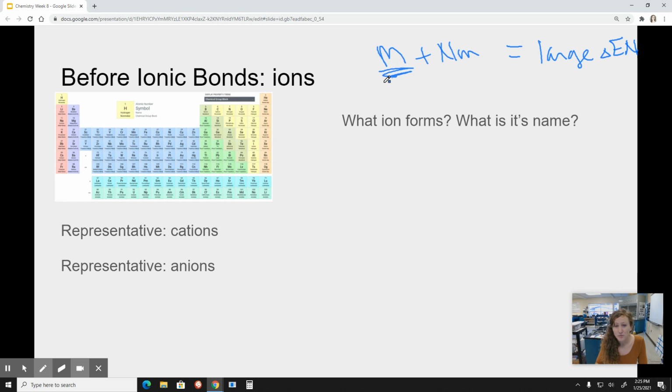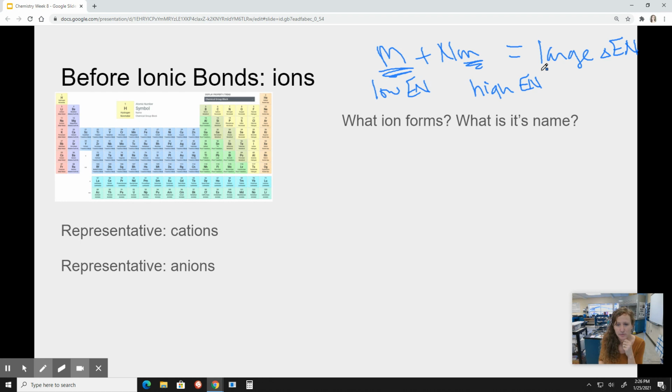The metals have a very low electronegativity. Nonmetals have a very high electronegativity, and that electronegativity is the attraction of the atom, or the ability of the atom to attract, right? To attract what? To attract an electron.